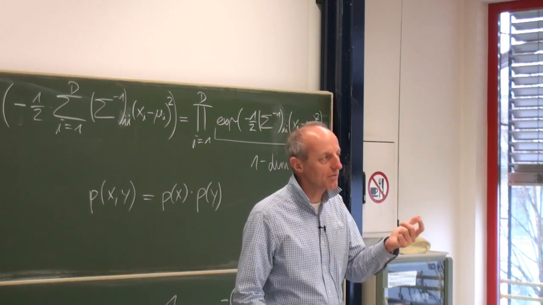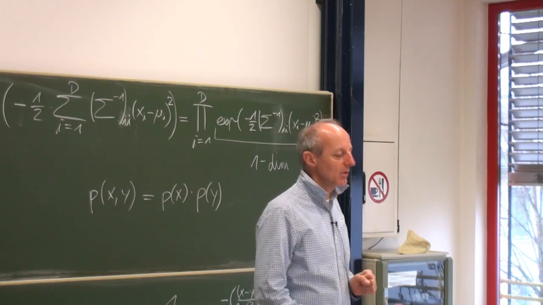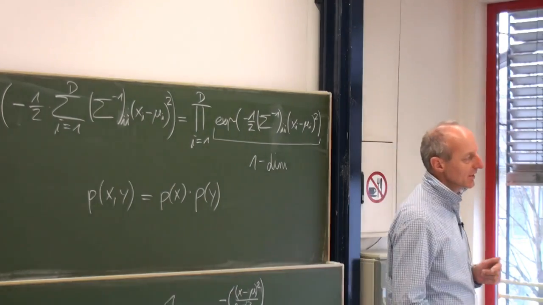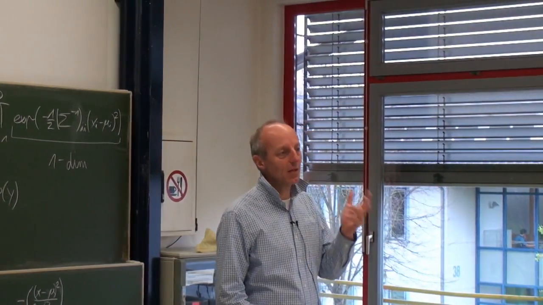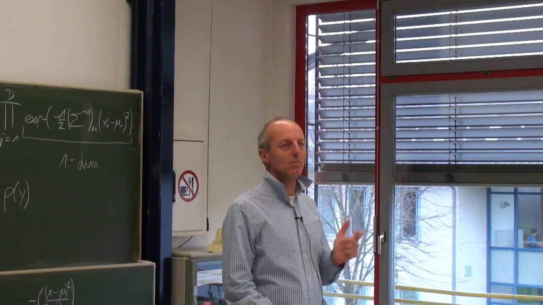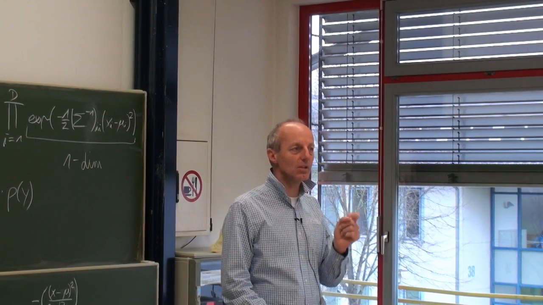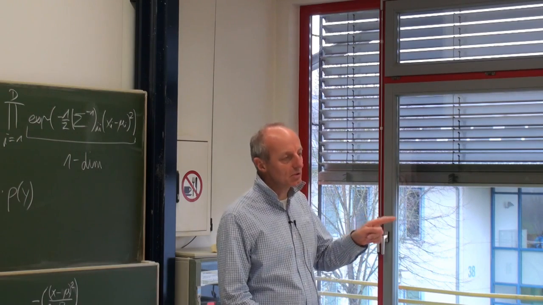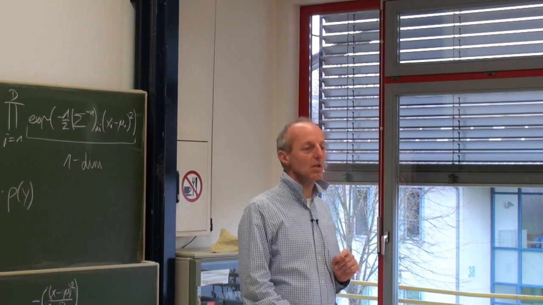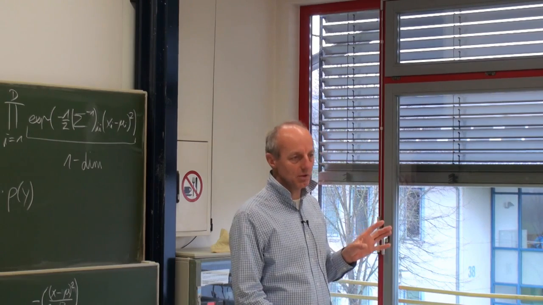So whenever we have noise, we will in the following make the assumption that it's Gaussian noise. And this assumption is not too bad, because whenever our noise is really random and independent, the noise distribution is very close to a Gaussian distribution.